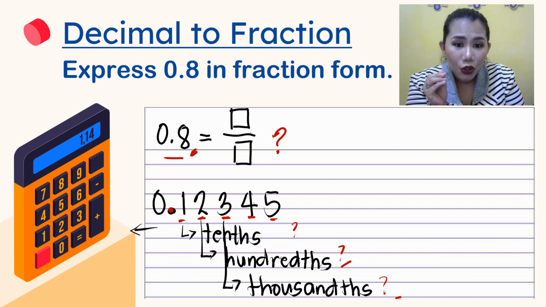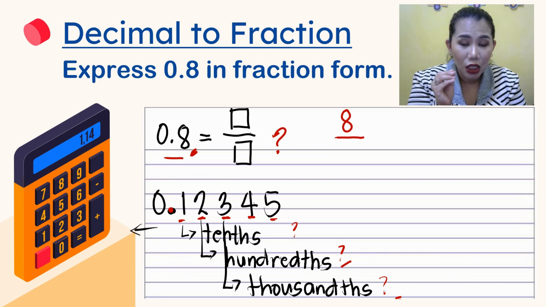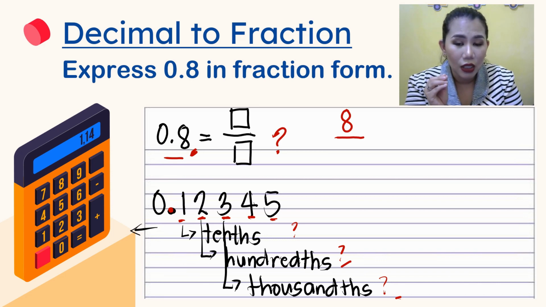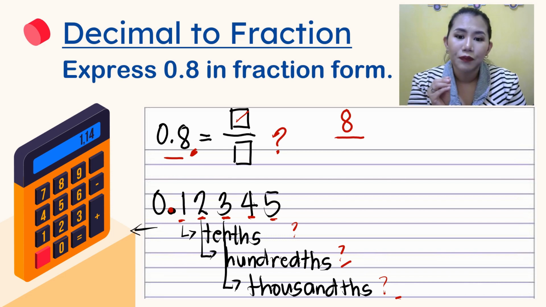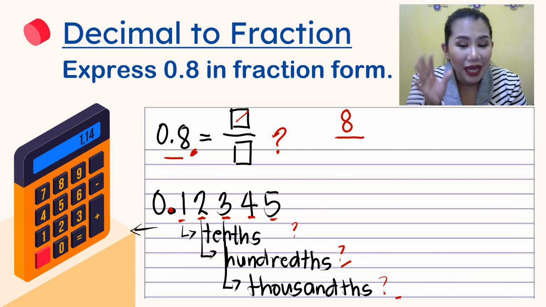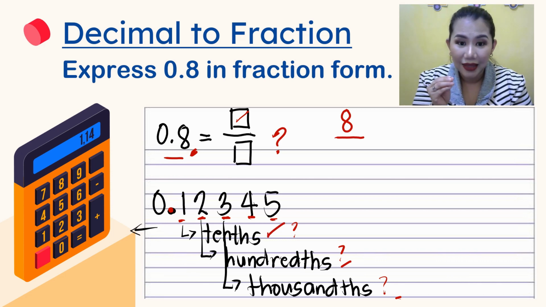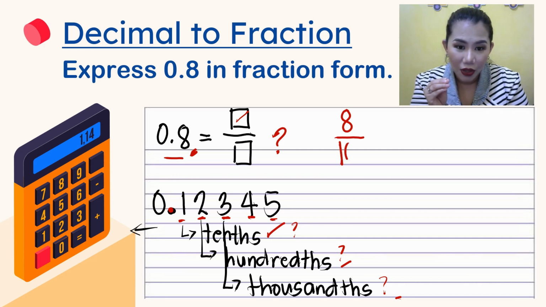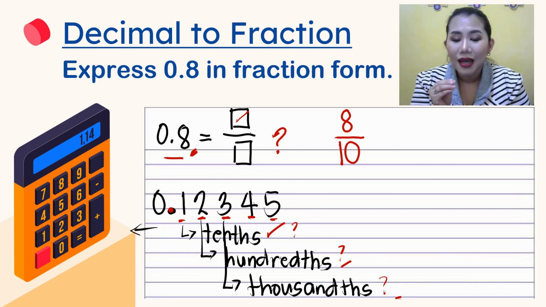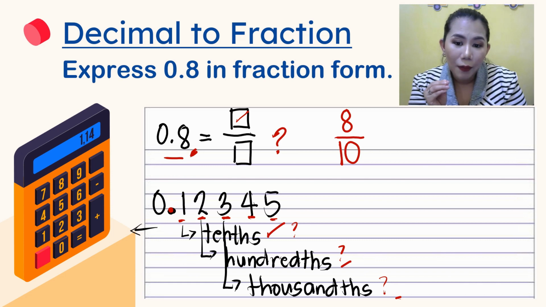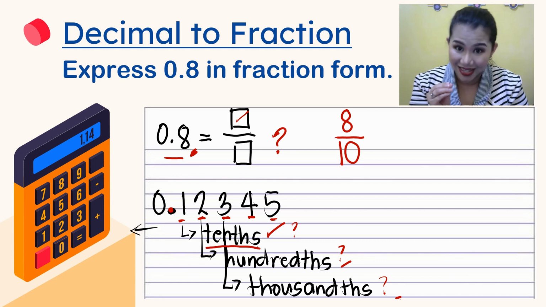That will become your numerator, 8 out of, kasi di ba change natin into fraction form? So, kung change natin into fraction form, dapat may numerator at saka dapat may denominator. Now, what will be your denominator? Your denominator will be the number 10 sa ilalim. Okay? The number 10 sa ilalim. Bakit 10? Kasi, yung 8 na to, ang place value niya ay tenths.